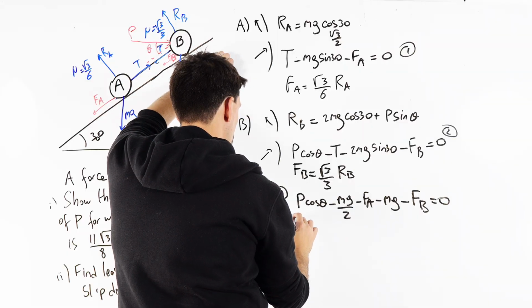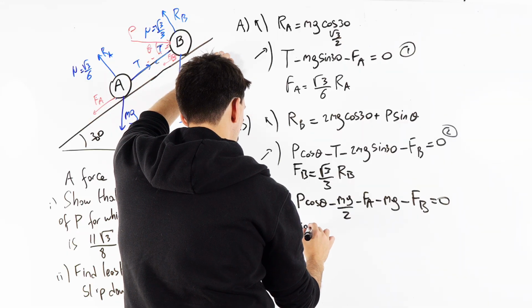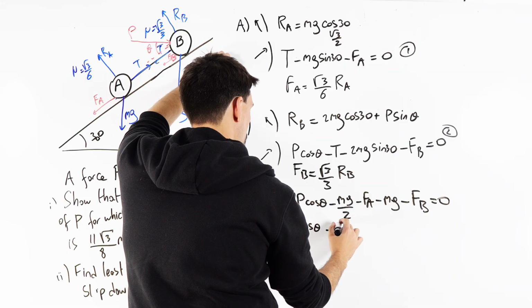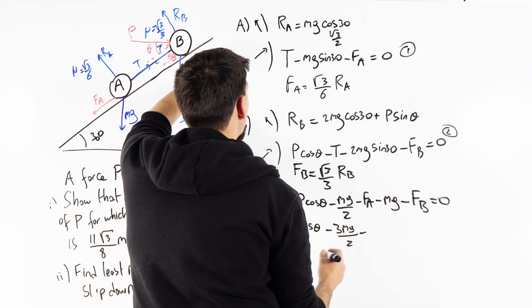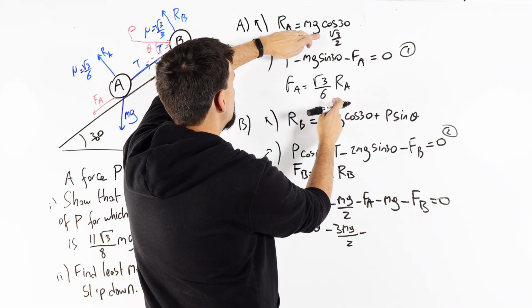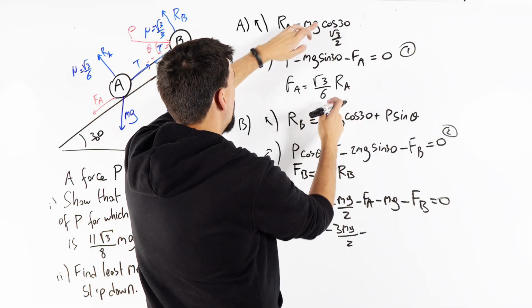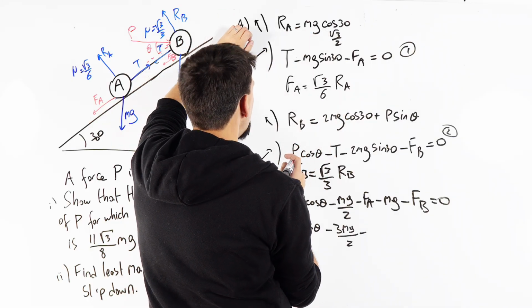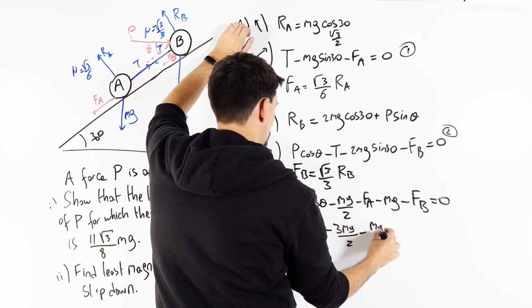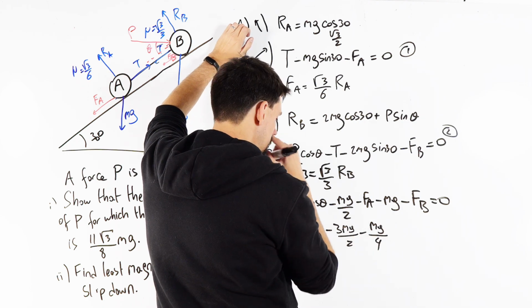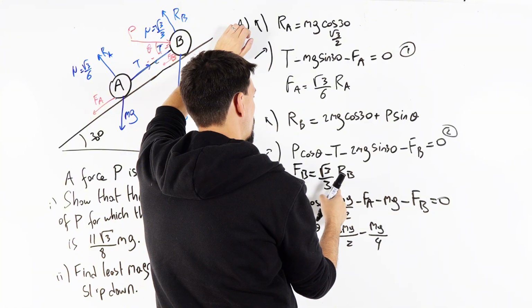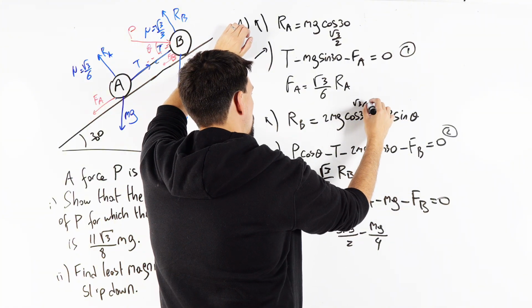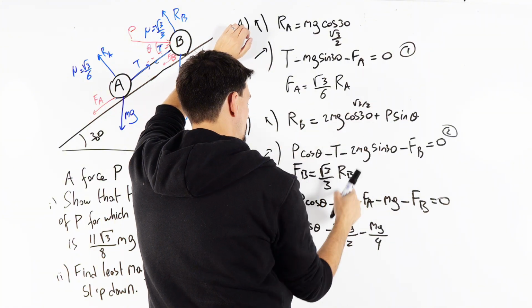So let's keep plugging stuff in. Minus 3 mg over 2. Now FA then, if we plug this in, that will be root 3 over 12, so it's 1/4 mg. Now FB, well that's root 3 over 2 as well, so root 3 mg.